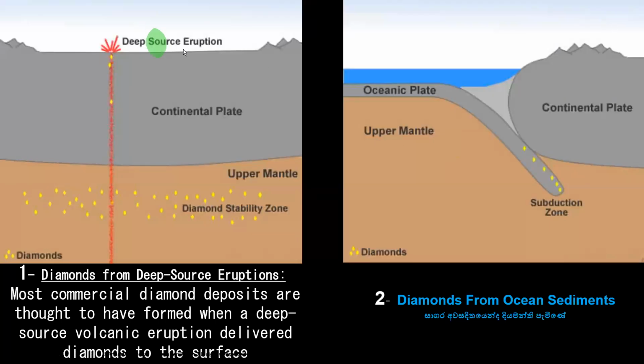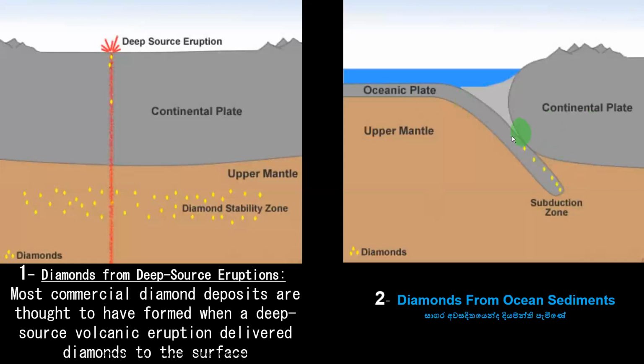Deep source eruption, continental plate, upper mantle, diamond stability zone inside the earth is here. See, diamonds are created there, already created. So those are coming through the volcano. And the oceanic plate, number 2. The oceanic plate and the continental plate are moving together.